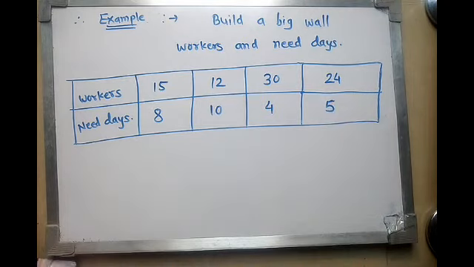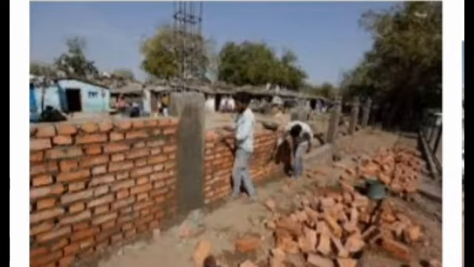If the number of workers is doubled, the number of days decreases. So this example is inverse proportion.